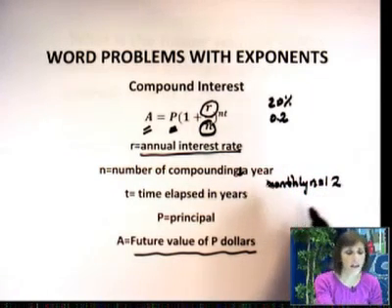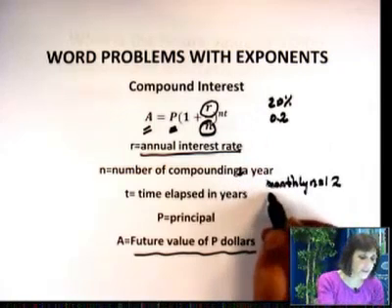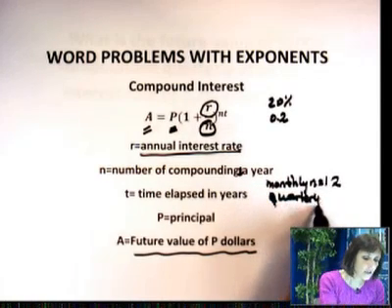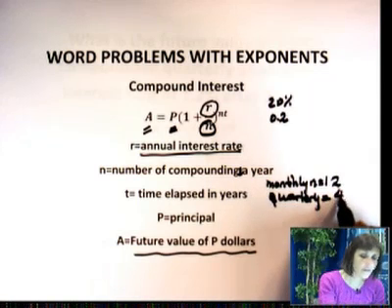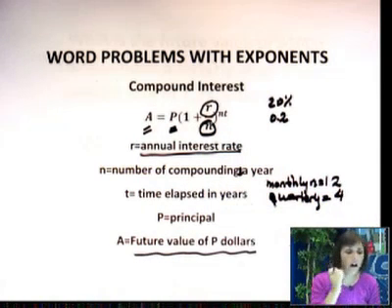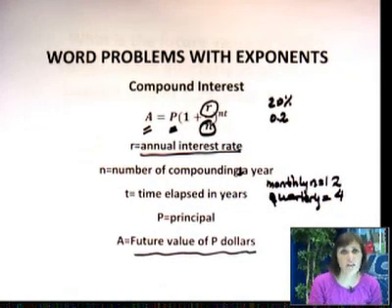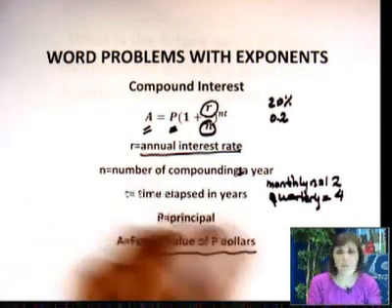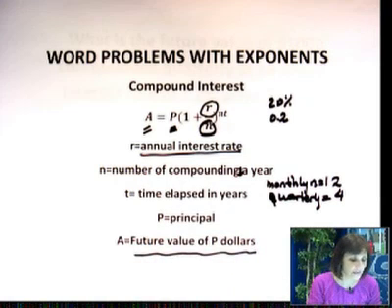If they say they are compounding it quarterly, it's going to be 4. Okay? And like twice a year, it's going to be 2. Those kind of things. So you need to understand how many compoundings they're doing a year.